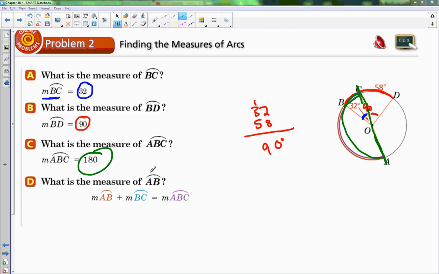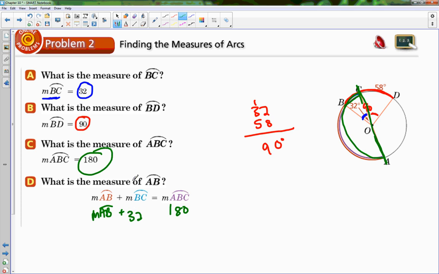Lastly, what is the measure of AB? So ABC was 180. AB, we don't know. And BC is 32.